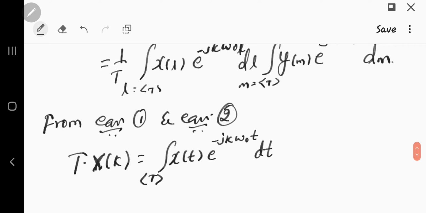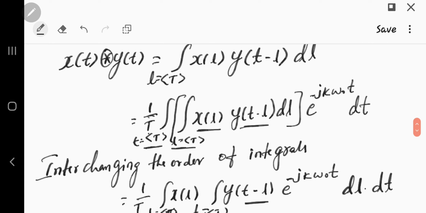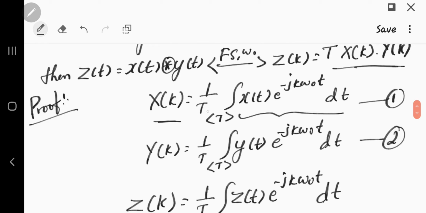The same can be done for y of k as well. Just cross multiply this here, so you will remain with x of t e power minus j k omega naught t. So, only this term can be written as T into x of k. Similarly, this term in equation 2 can be written as T into y of k.